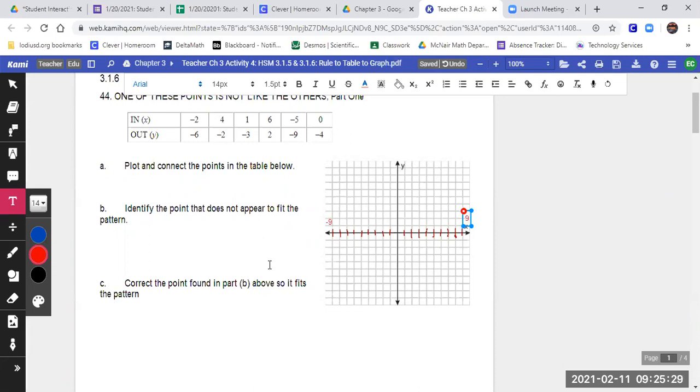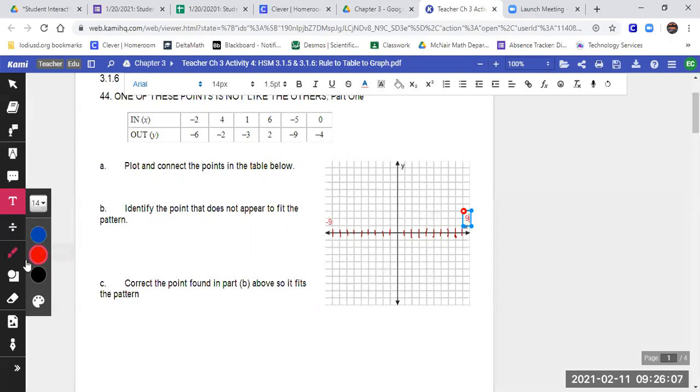What's the smallest y value we have? -9. Could we skip? Do we have enough space to skip? No, because at -9, we can't skip. We don't have enough space to go every other for that 9, right? We'd have to have 18, and we don't.